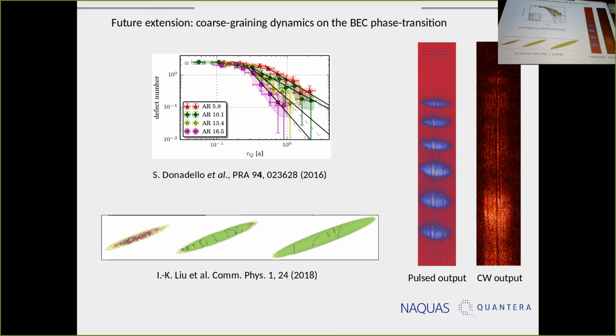And we are going to extend our imaging method in order to study this dynamics of the vortices in the early times, where probably we had some kind of turbulent regime in the condensate. Thank you for the attention.